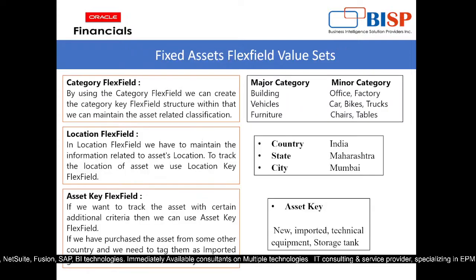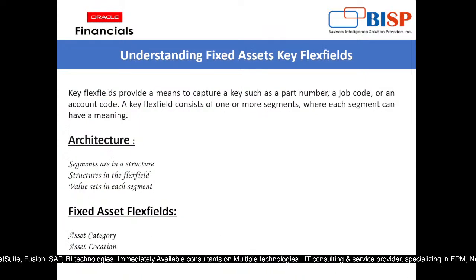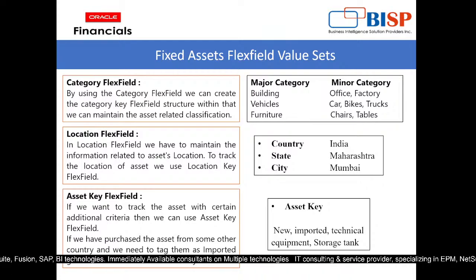So moving to the configuration part, this was the basic introduction part. Now if we move to the configuration part, we will first see how we configure fixed assets flex field value sets. As I have told you, there are 3 flex fields: the category flex field, location, and asset key.